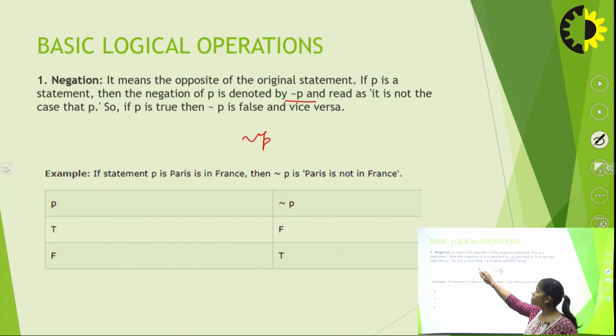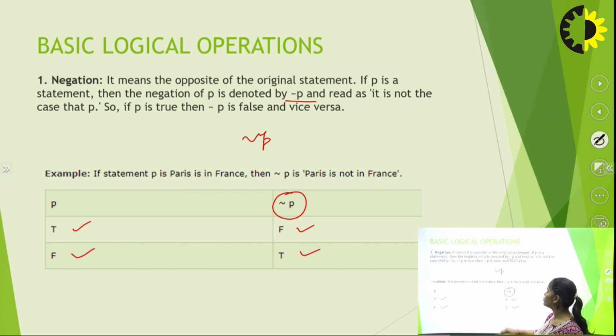If P is true, then not P is false, and vice versa. If we have true in P, then not P is false, and if we have false in P, then not P is true.